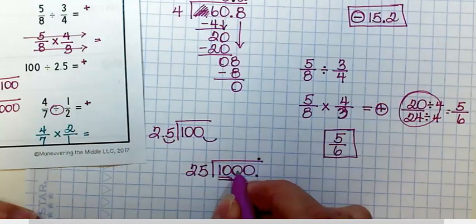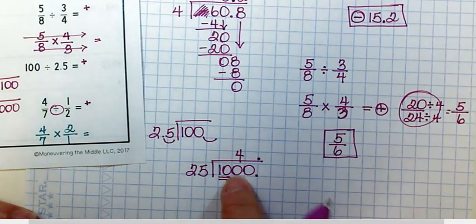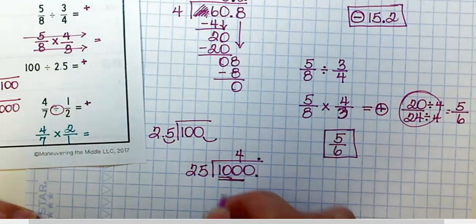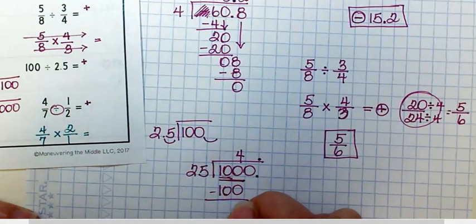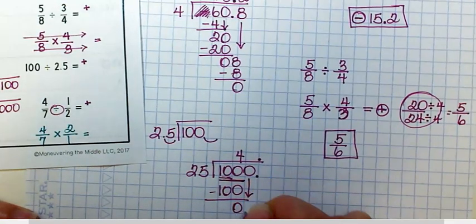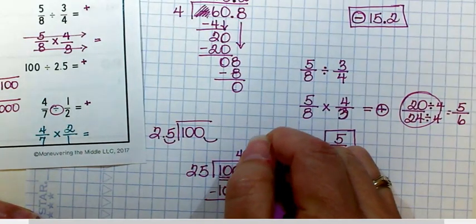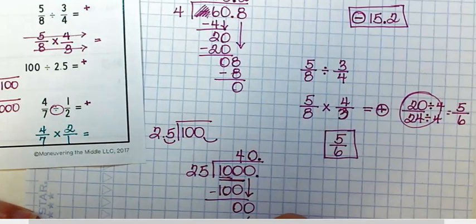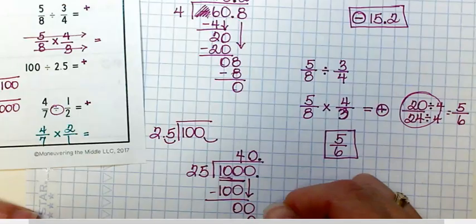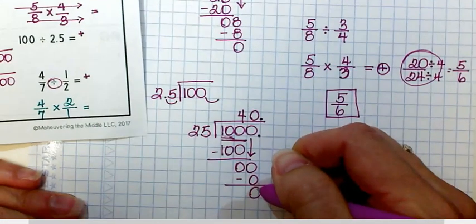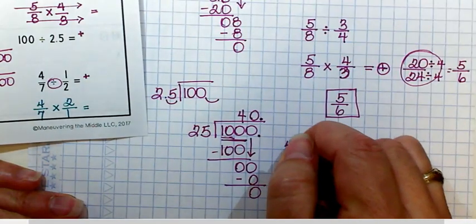So I'm working with this 0, so I'm going to write 25 will go into 100 4 times, right above that 0 I'm dealing with. 4 times 25 is 100. 100 minus 100 is 0. Bring this 0 down. 25 will not go into 0, so I put 0. 0 times 25 is 0, with 0 left over. I get to quit because I have 0 remainder and I've gotten to the decimal. Okay, so my answer is a positive 40 on that one.